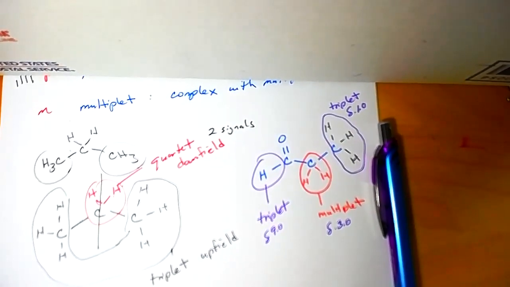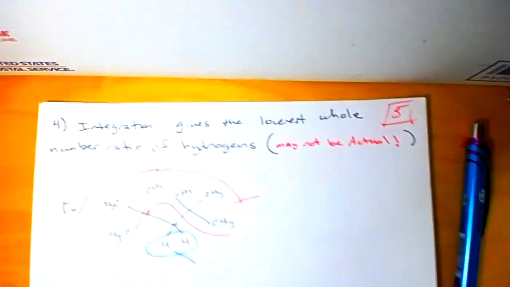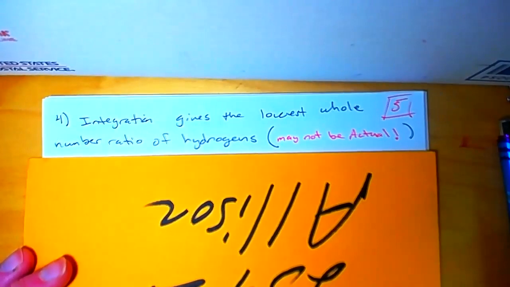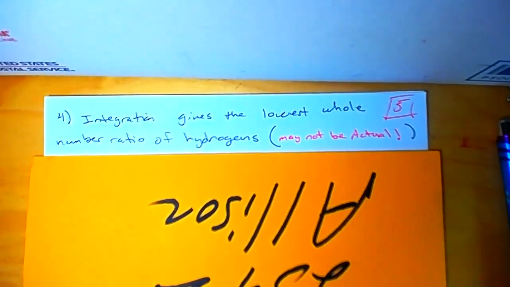All right, now the next thing to consider here is the integration. The integration gives the lowest whole number ratio of hydrogens in the compound.